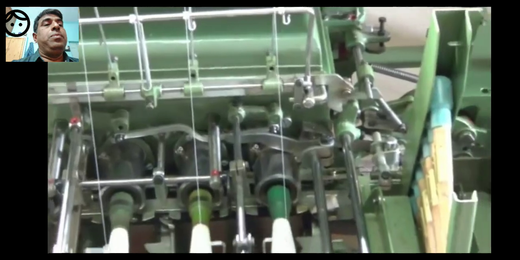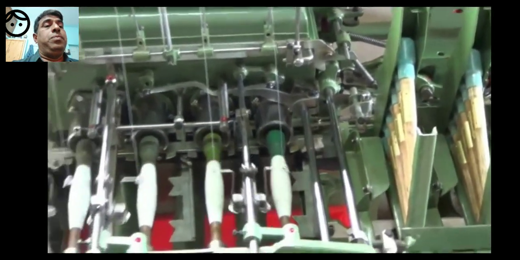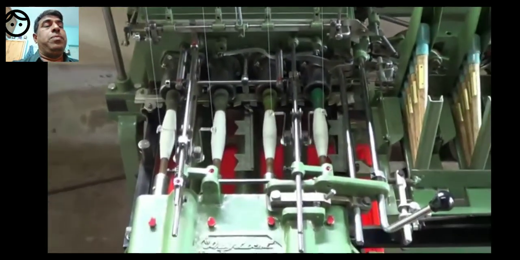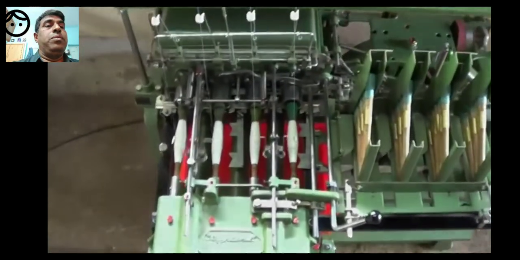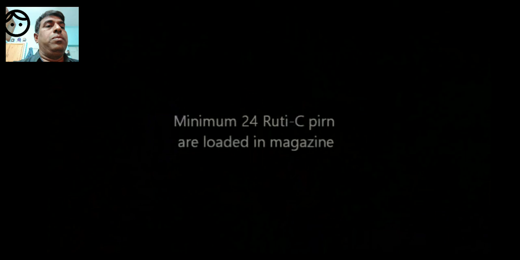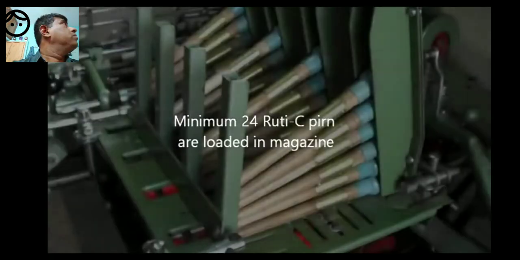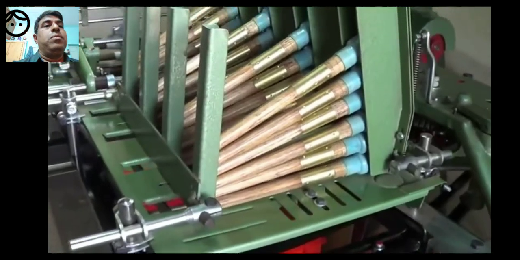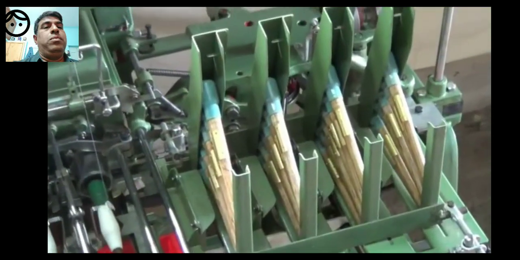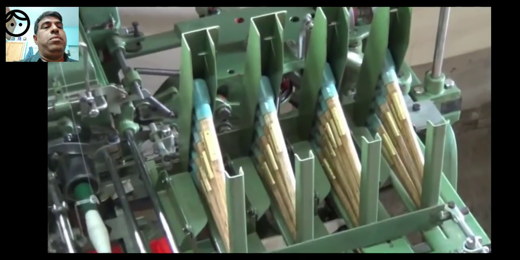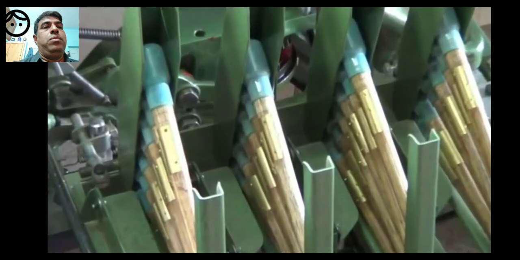Machine stops automatically on the breakage of yarn. You can load minimum of 24 UTC type of pern in the magazine. That means minimum of 6 in each column. The quantity varies with types of pern.